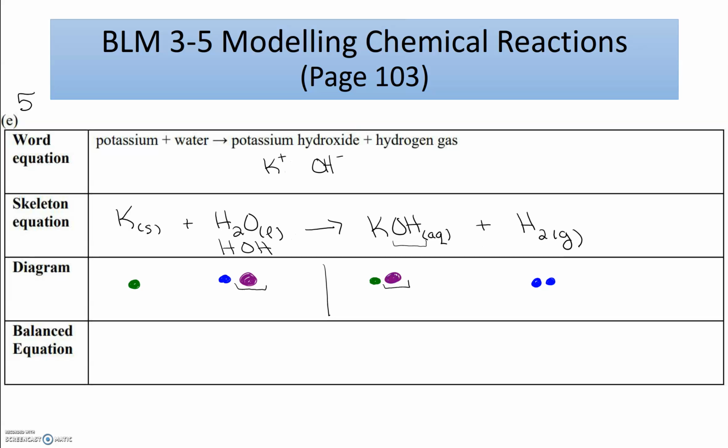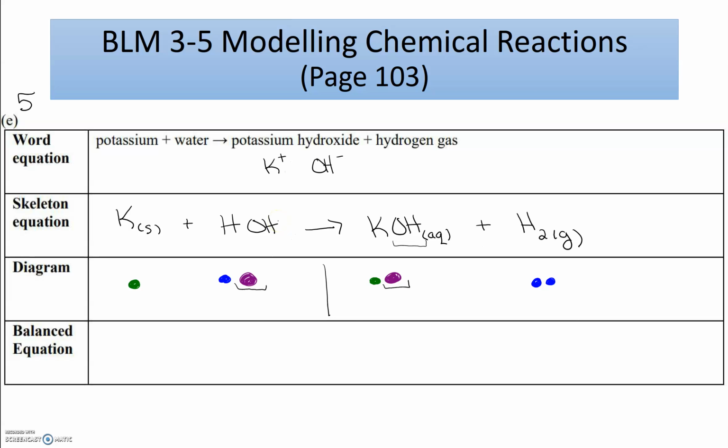And now, when it comes to my balancing, I don't have these blues showing up in multiple different areas. I can take a look at it individually and see, okay, where is that hydrogen coming from? Where is that hydroxide coming from? And I'm just making it a little bit simpler, and I'm just going to have my HOH up to represent my water in my skeleton.